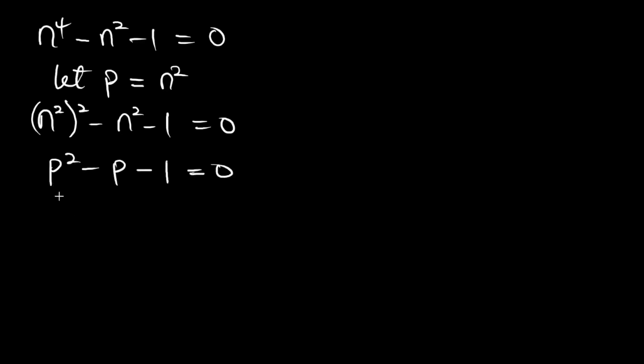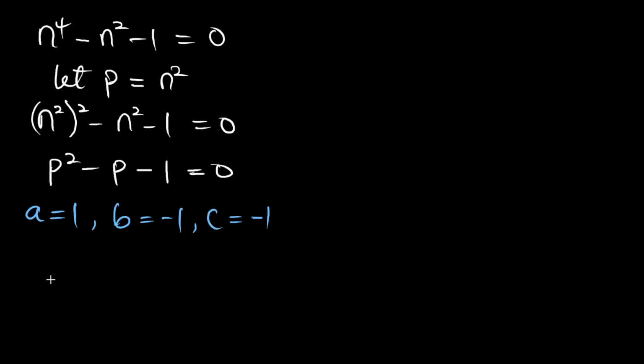The next thing we are going to do here is solve this quadratic equation. So I'm going to use the quadratic formula where a is 1, b is minus 1, c is minus 1. I'm going to use the Olympiad vibes to solve this.